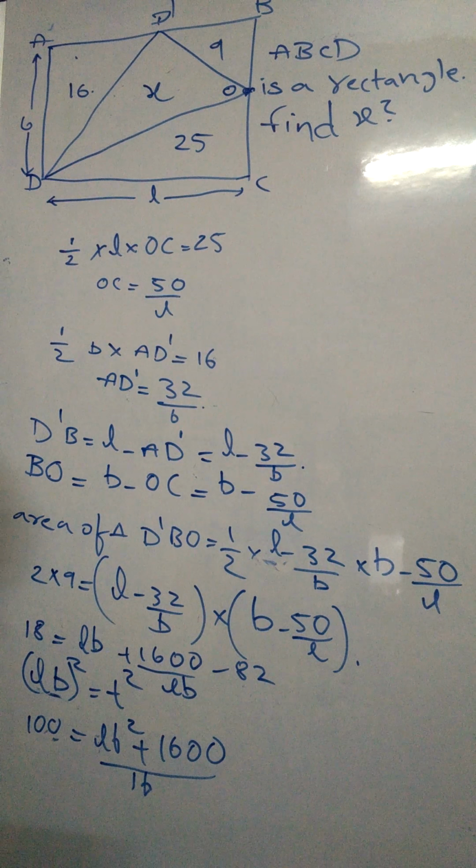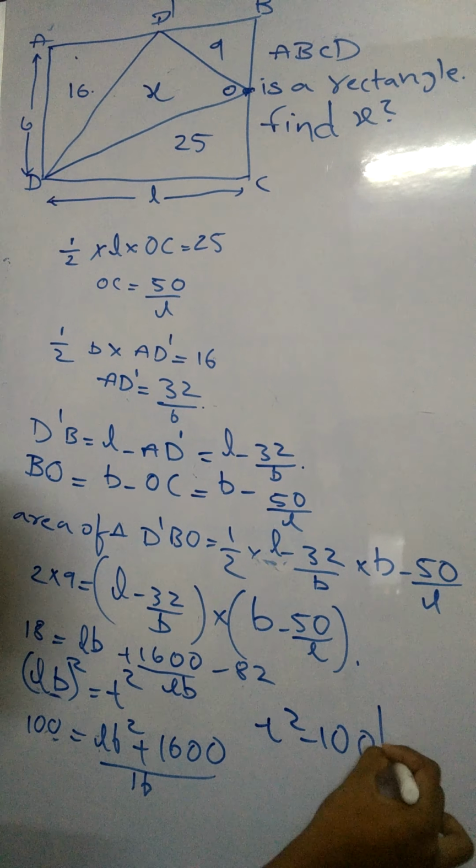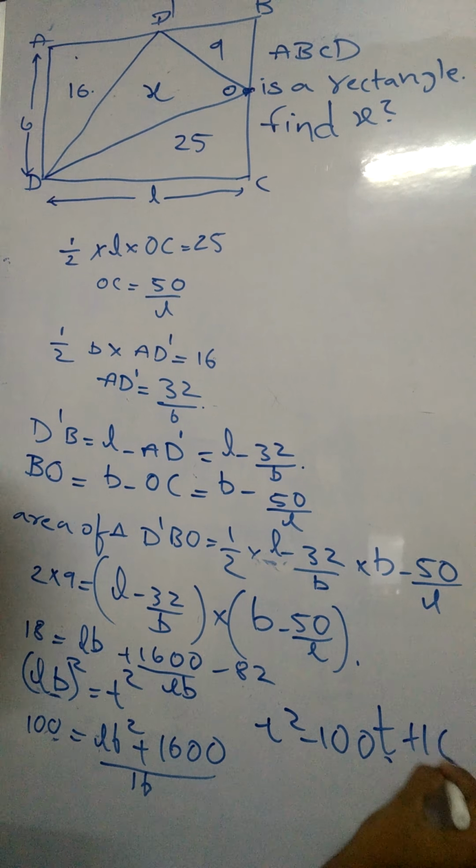If you simplify this, we will get the equation T squared minus 100T plus 1600.